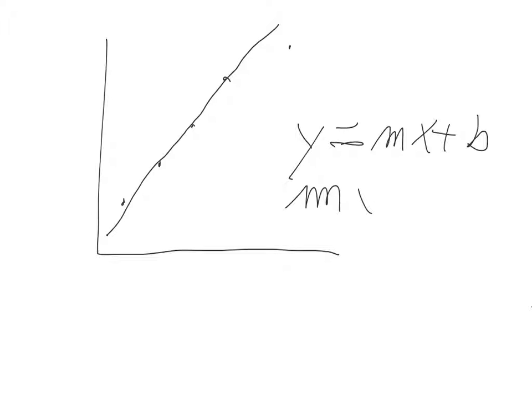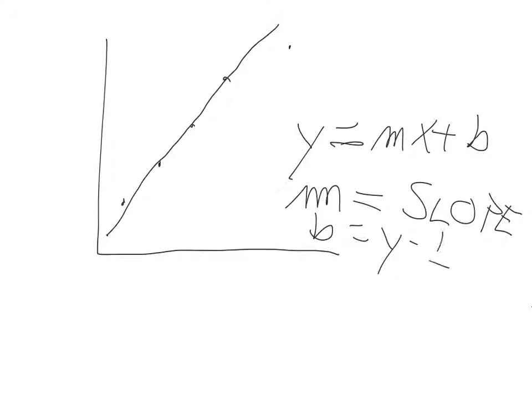And m was equal to the slope, right? And b was the y-intercept. Okay? Well, we're going to be doing that, but it's a lot fancier now because we're grown-ups and such.